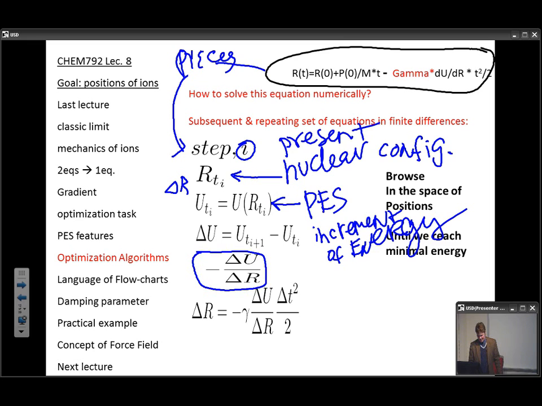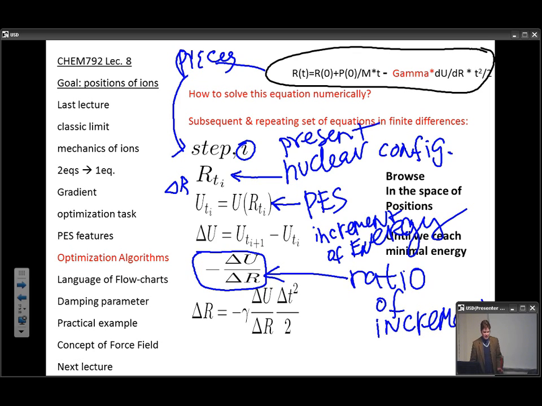We find the ratio of increment of energy to increment of position. And this ratio of increments, it can be called force, right? It is a force. And practically, it prompts us the direction where to navigate after.